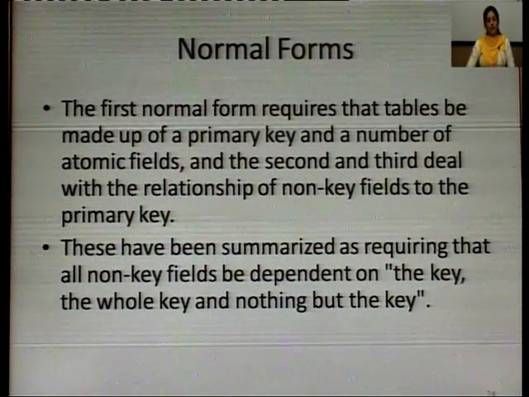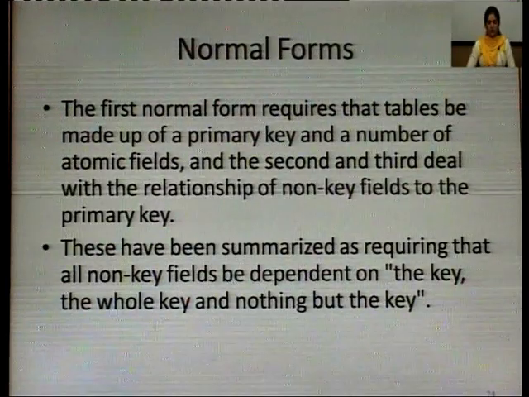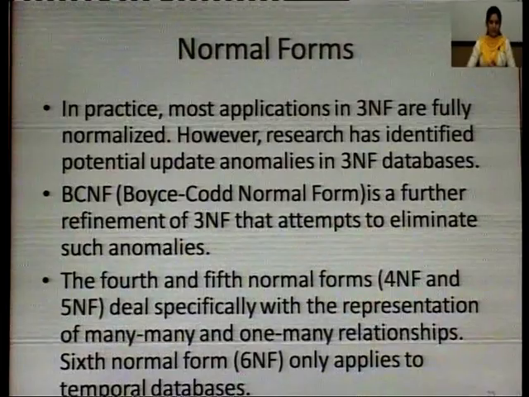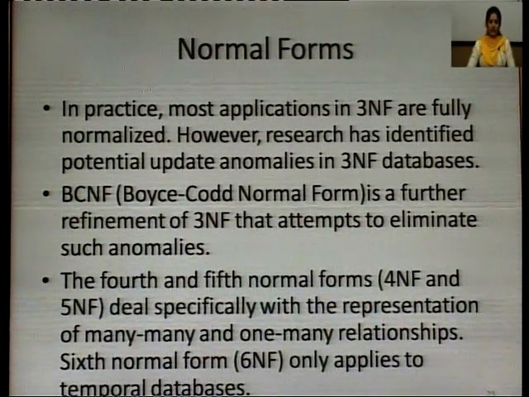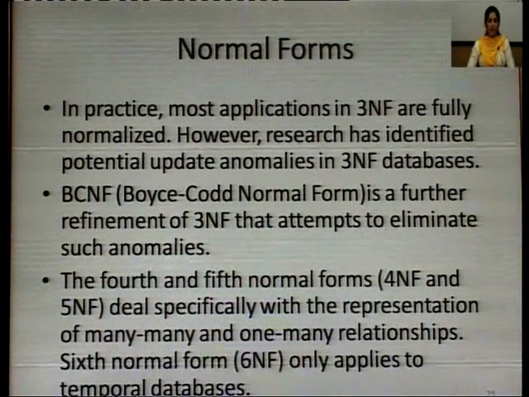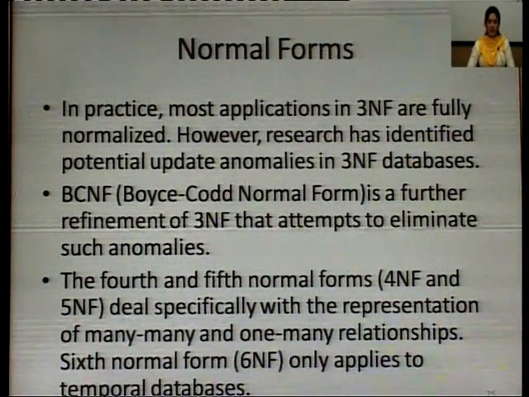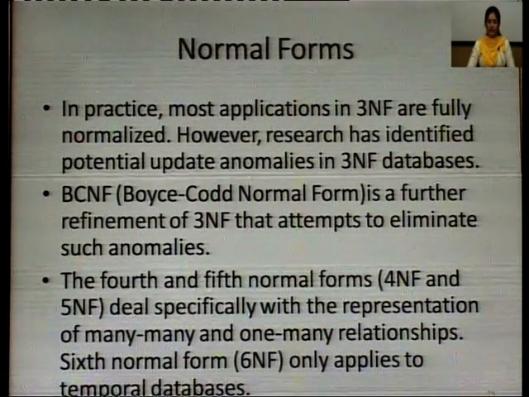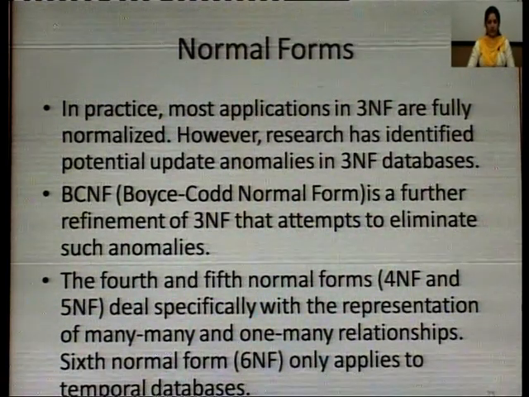It says that all the non-key fields which are not uniquely identified should be dependent upon the primary key only. In practice, most applications in 3NF, which is third normal form, are fully normalized, because up to this extent the table is normalized, all the tables have atomic values, and all the redundant values are removed from your table.